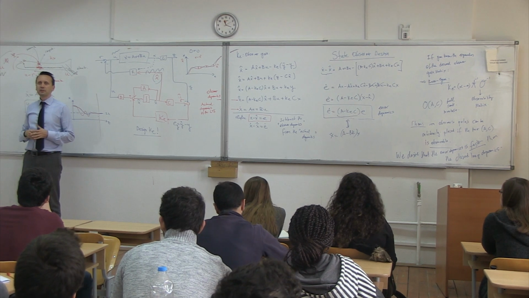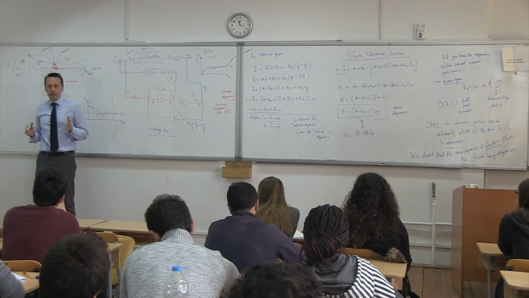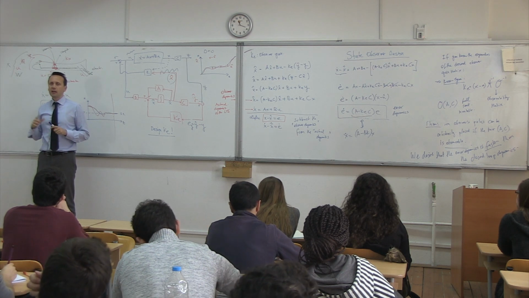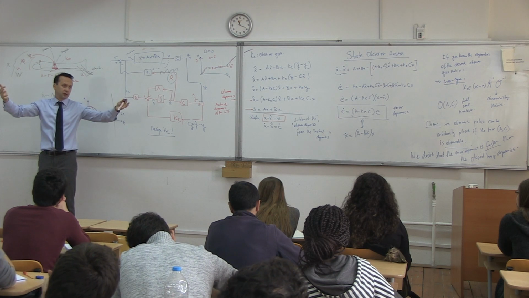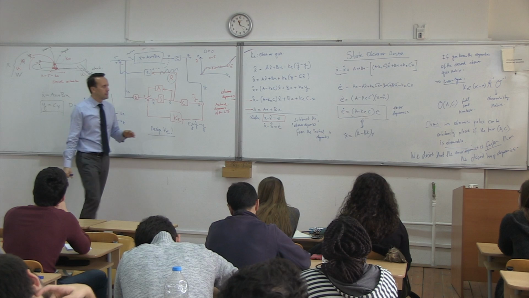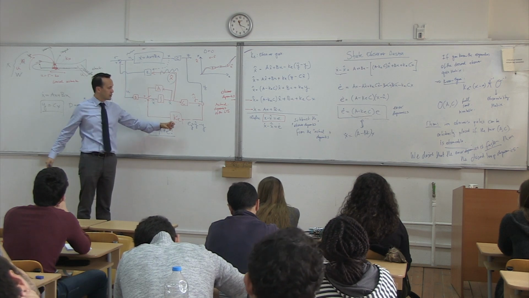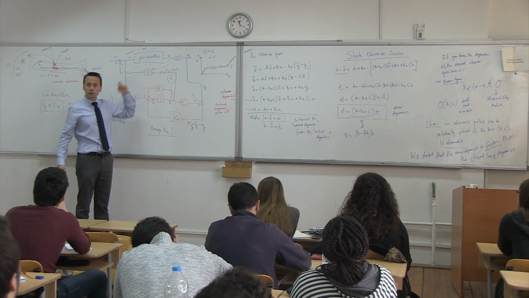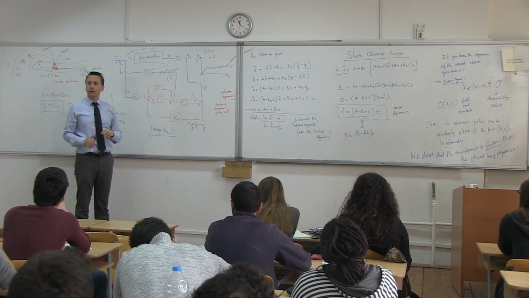So then your observer is really valid around that equilibrium point when you're not too far away. If the airplane is at another altitude, another speed, you probably need another observer. And another observer means that you keep the same architecture, but you keep changing K, just like you keep changing K on the controller.